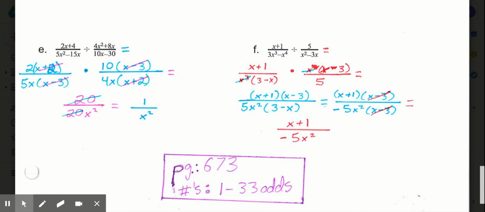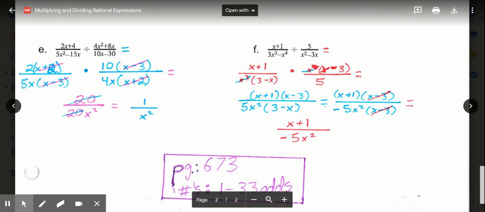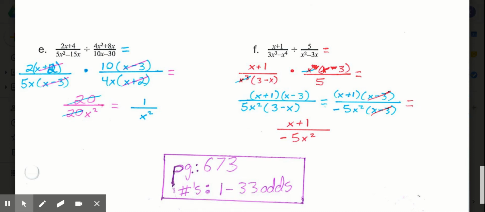So x squared minus 3x, we can pull out an x, so that would leave us with x minus 3 over 5. The x here and the x to the third can be simplified down to cancel out this x and leave us with x squared. So the bottom is simply 5x squared times 3 minus x.